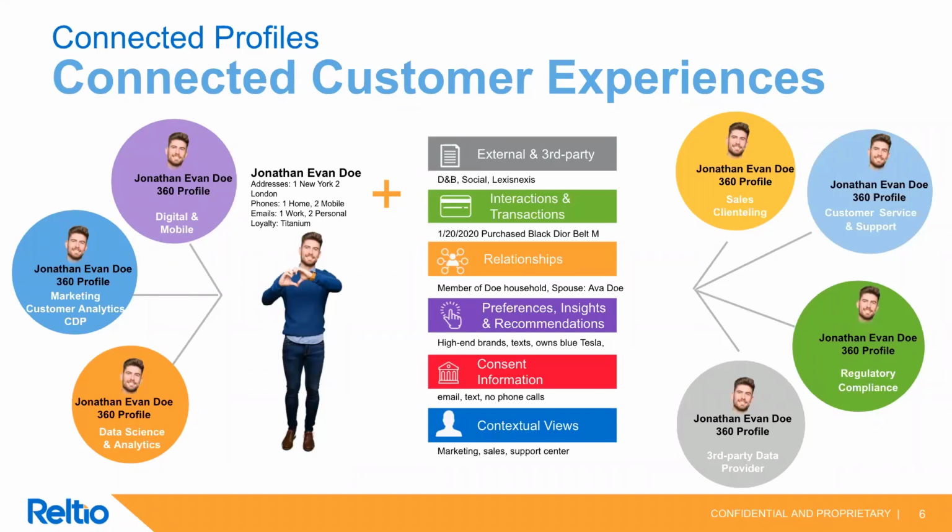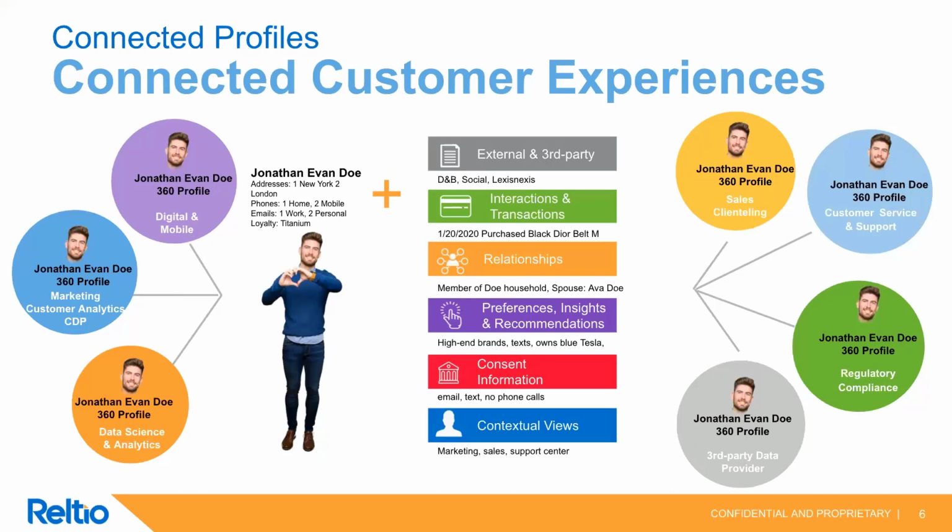I don't really care how many different applications or databases some company puts my information in the background. What I care about is that when I engage either through the call center or the website, or I walk into a store, whatever it may be, this company understands who I am as an individual, understands all of my relationships in the context of me doing business with them, and also understands how I interact and transact and so on with this organization.